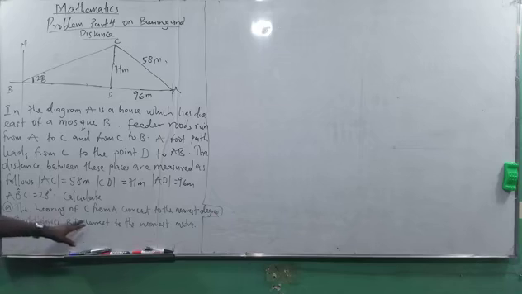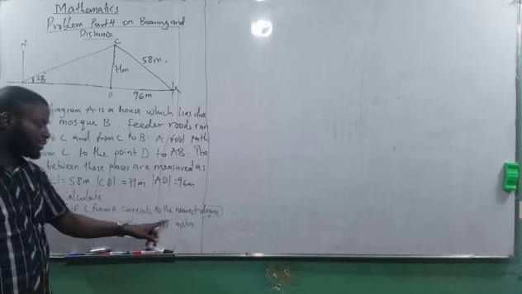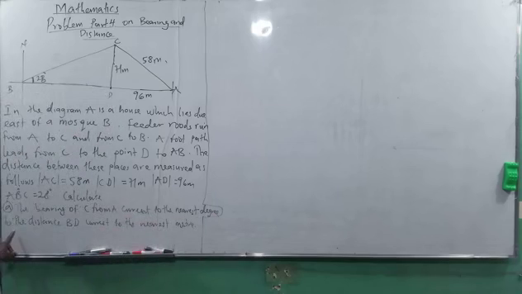Calculate the bearing of C from A correct to the nearest degree, and the distance BC correct to the nearest meter.